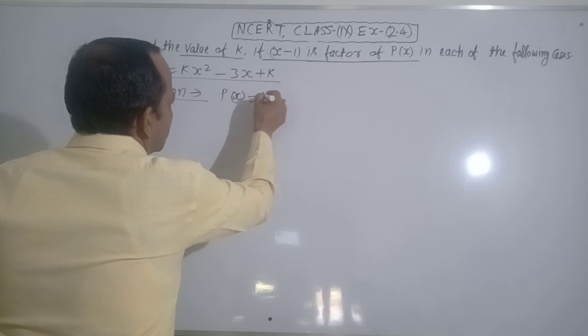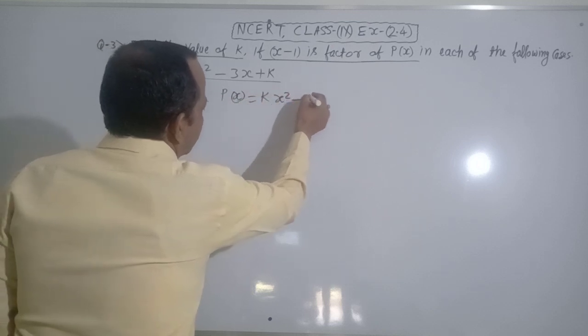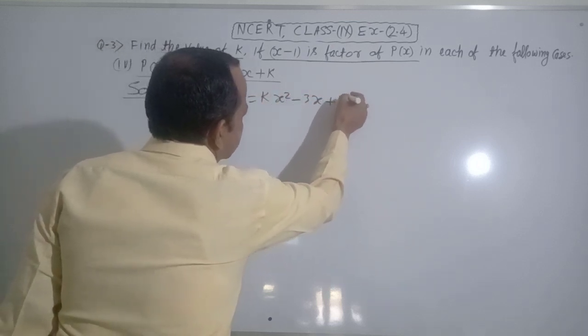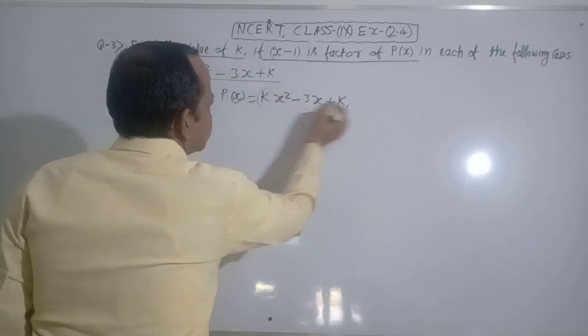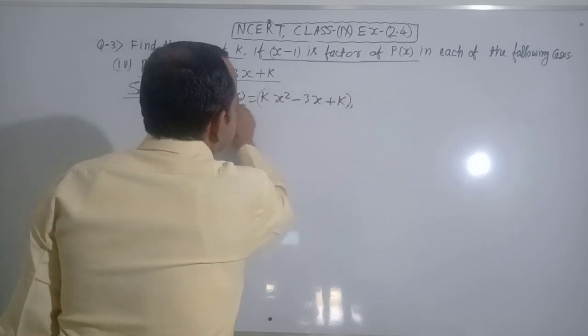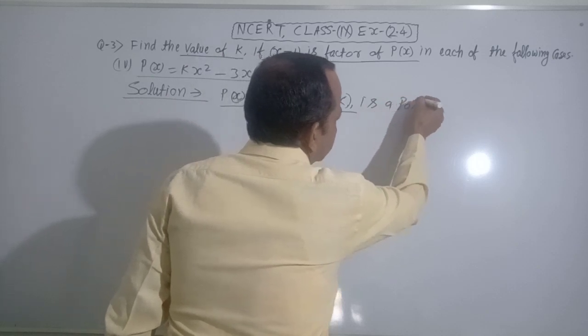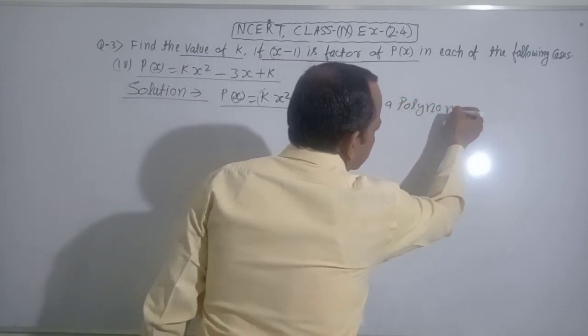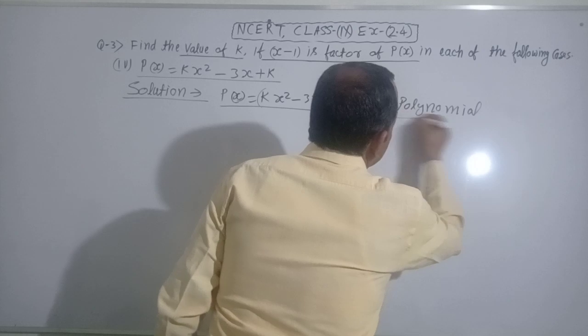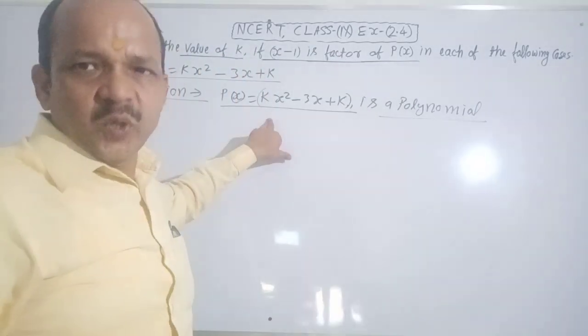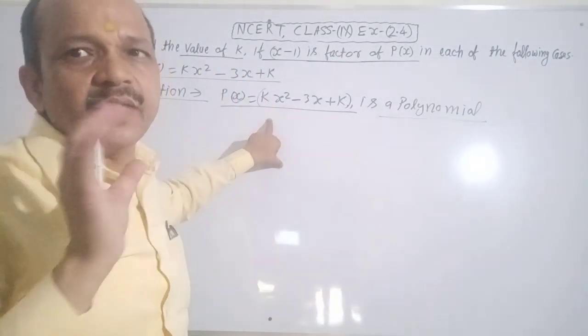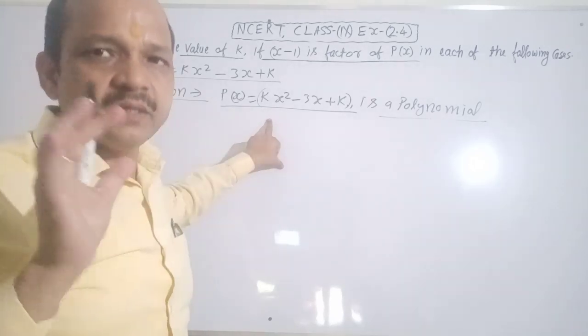See the board. p(x) equal to kx square minus 3x plus k is a polynomial. It is the given polynomial, means it is the dividend.